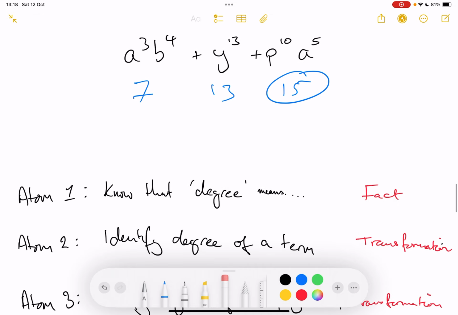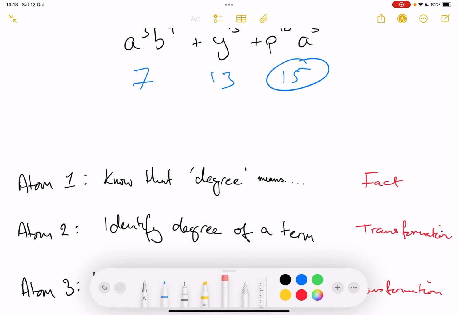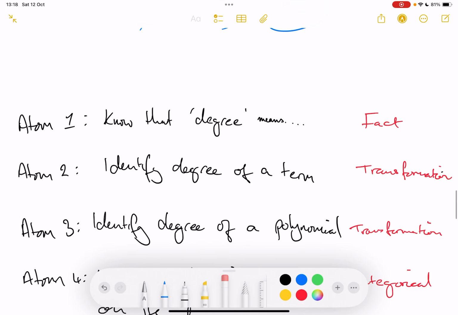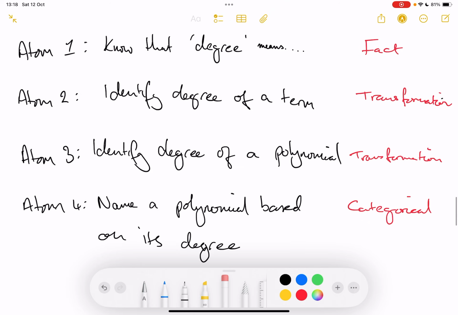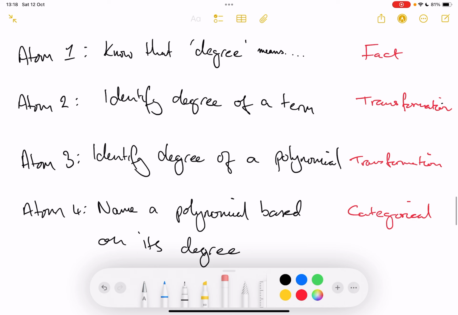I then need them to be able to identify the degree of any individual term, to then identify the degree of the whole polynomial, and then based on that to give the name of the polynomial. So I think atoms 2, 3, 4 are transformations and categoricals, which I'll get into in a bit. But first of all, know what degree means.